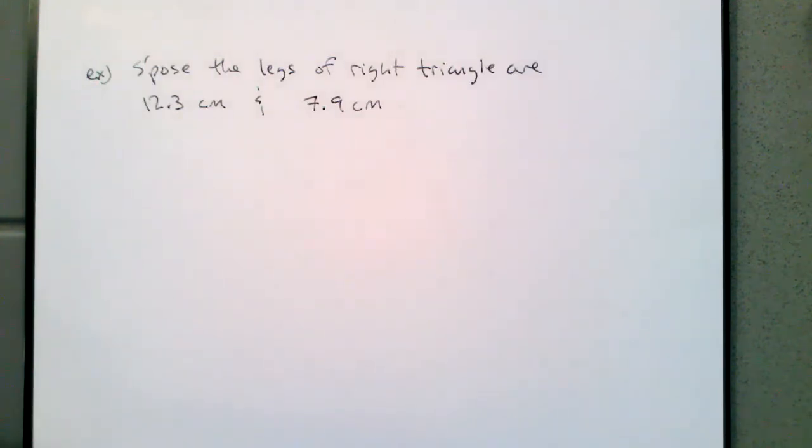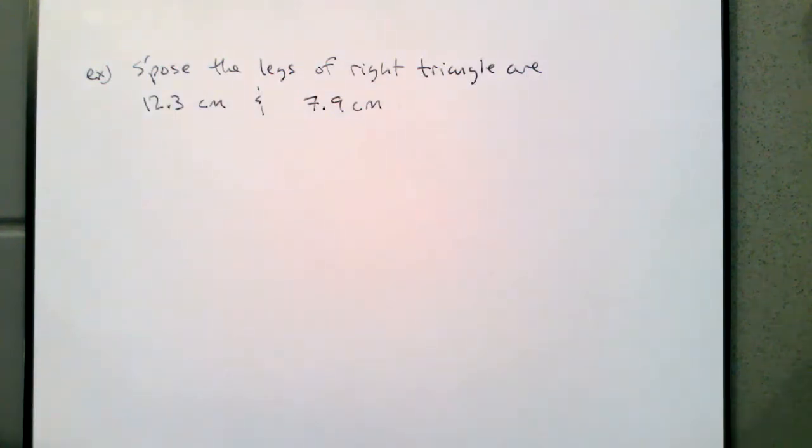So here are three pieces of given information. Two legs of a right triangle are 12.3 and 7.9. And the right triangle part means one of the angles is 90 degrees. Since I called the 12.3 and the 7.9 legs of the right triangle, that means what we don't know is the hypotenuse.